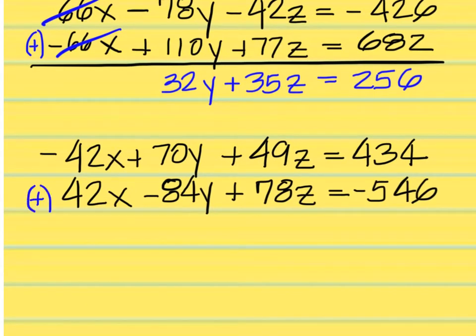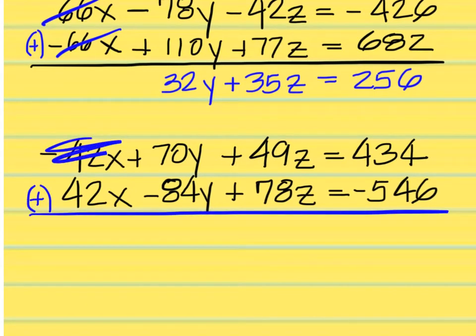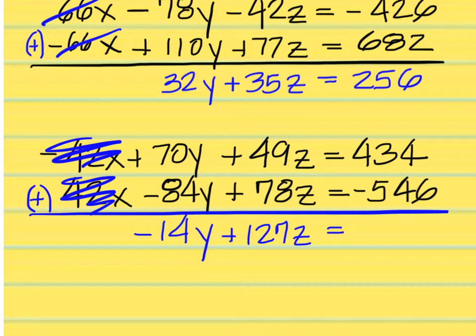So add these together, and these will cancel out. 70 plus a negative 84 is going to be a negative 14y, and then 49 plus 78 is 127z. And 434 plus a negative 546 is negative 112.